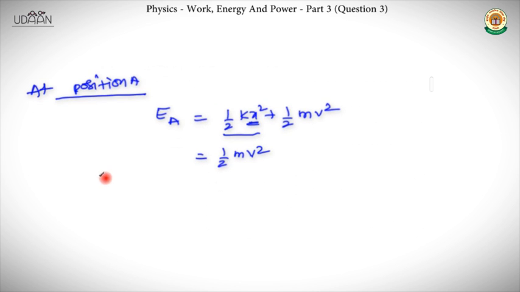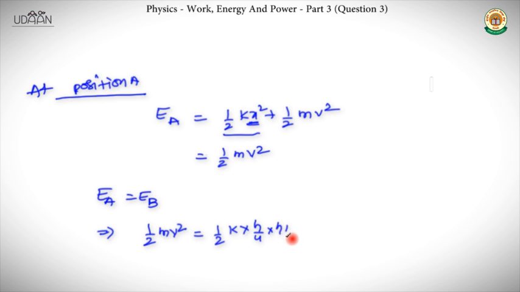By conservation of energy, energy at position A is equal to energy at position B, so half mv square is equal to half k into h by 4 into h by 4.